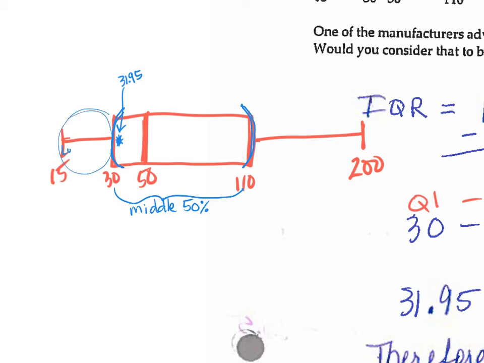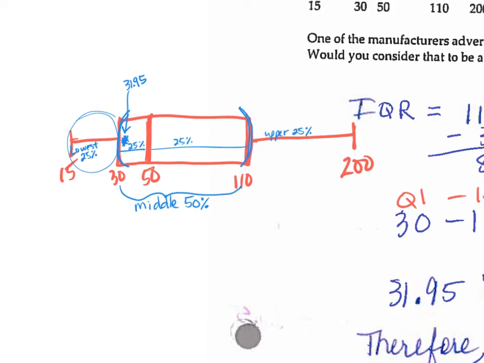It's not even in the bottom quarter. Remember that this is the lowest 25%. These are the two mid sections. This is 25% of the data and 25% of the data, and then this is the upper 25% of the data. So 31.95 is not even in the lowest 25%. It's somewhere in the middle 50.